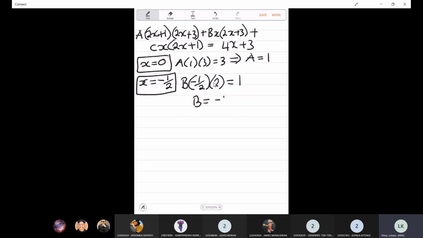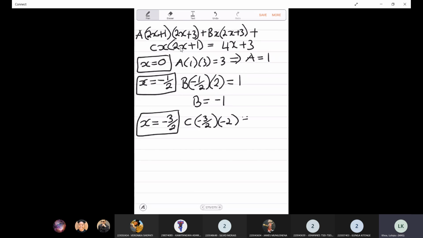And then x is equal to negative 3 over 2. If x is equal to negative 3 over 2, then this term is 0, that one is 0, and we're left with this one. So we have c times negative 3 over 2, and then 2 times negative 3 over 2 is negative 3. Negative 3 plus 1 is negative 2.